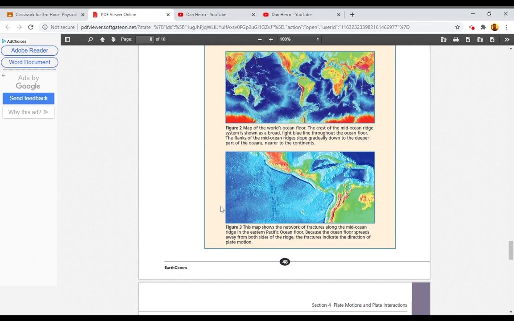All right, Figure 3. This map shows the network of fractures along the mid-ocean ridge and the eastern Pacific Ocean floor. Because the ocean floor spreads away from both sides of the ridge, the fractures indicate the direction of plate motion. So they're talking about these fractures.